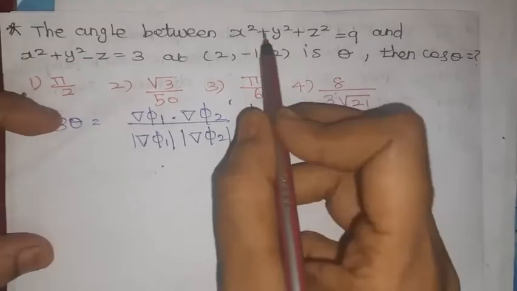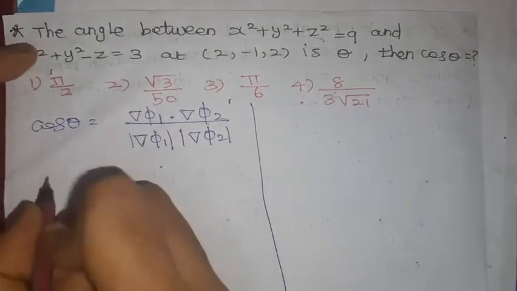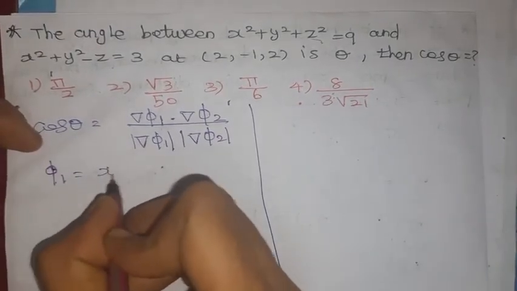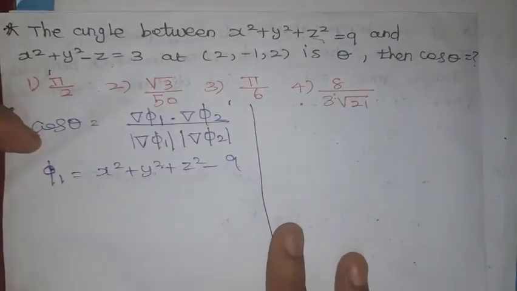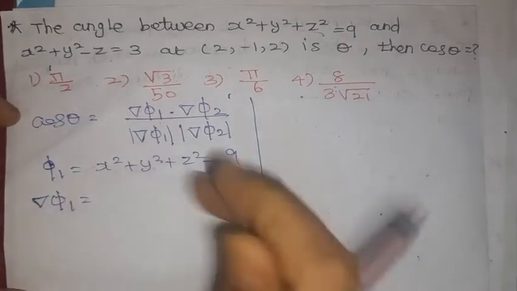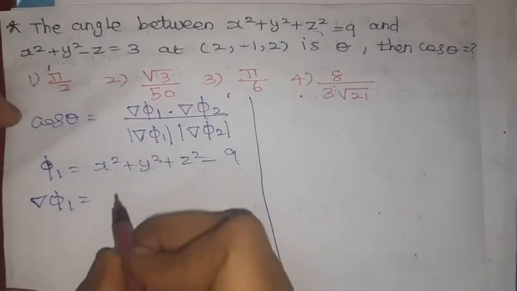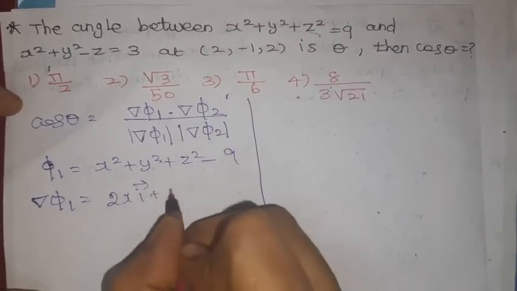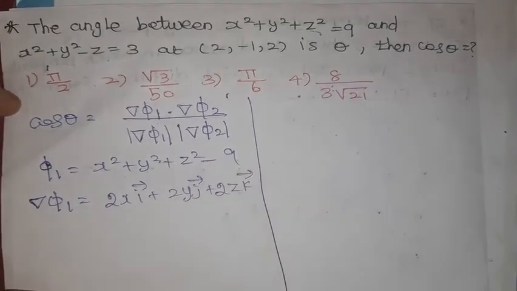Take phi 1 as x squared plus y squared plus z squared minus 9, taking everything to one side. So del phi 1 is i times dou by dou x, and so on; I am not going to write it again, we do the mental calculation. We get 2x i plus 2y j plus 2z k. So this is del phi 1.